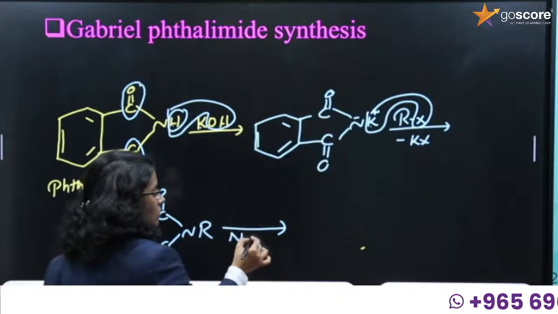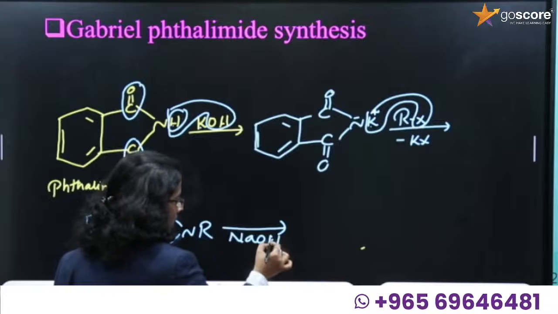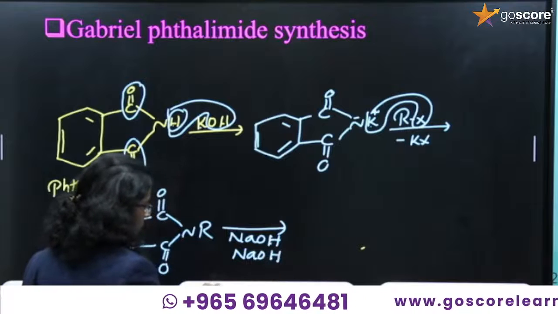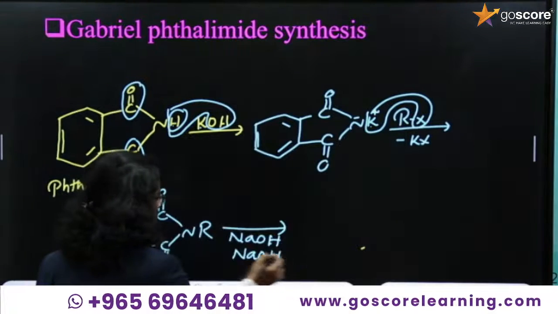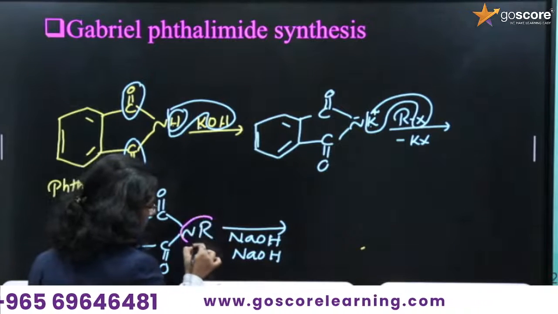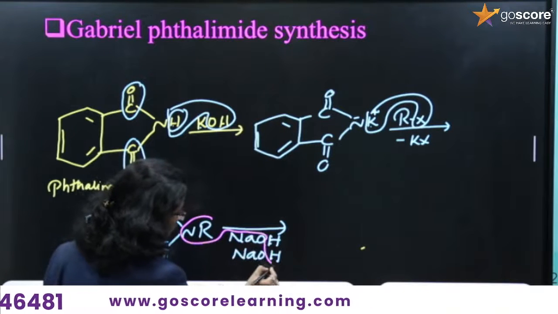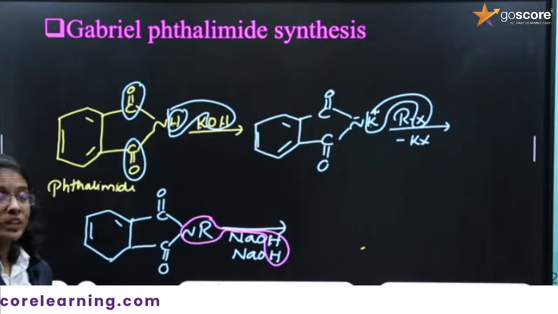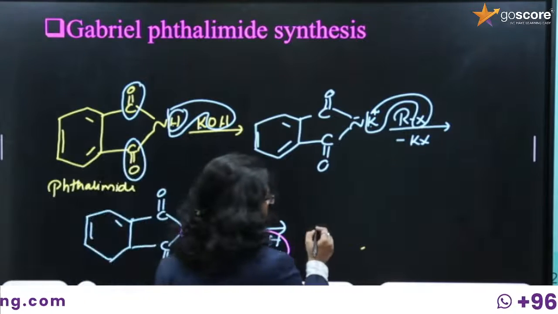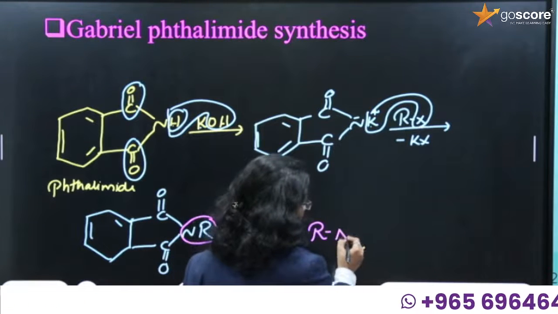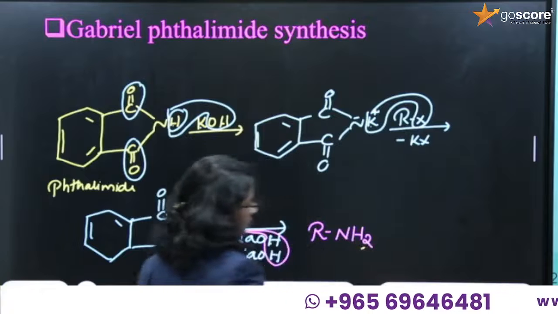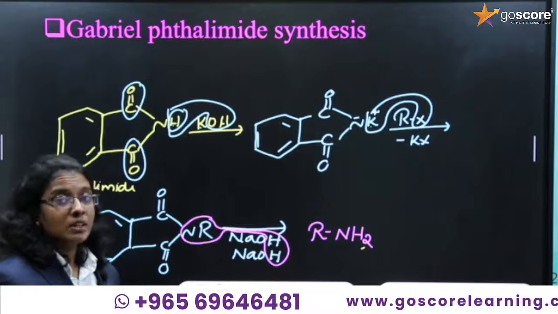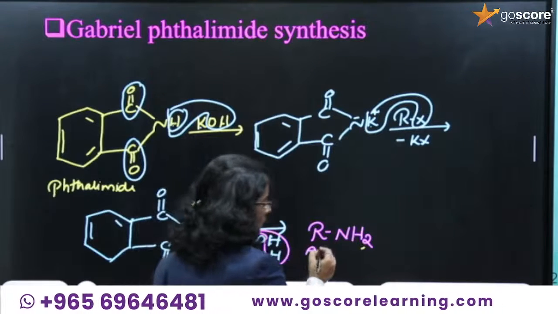We are taking two molecules of NaOH, okay? So from here, this R and this N and these two hydrogens will be eliminated as RNH2. What is RNH2? RNH2 is the primary amine. The main product of Gabriel phthalimide synthesis is primary amine, that too aliphatic primary amine.